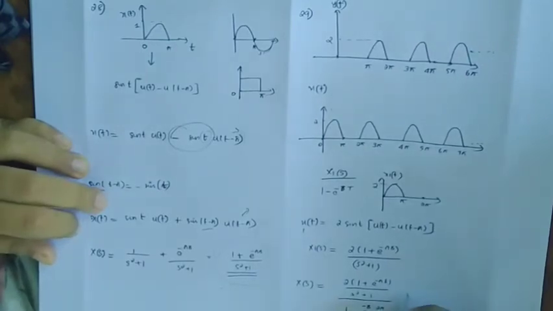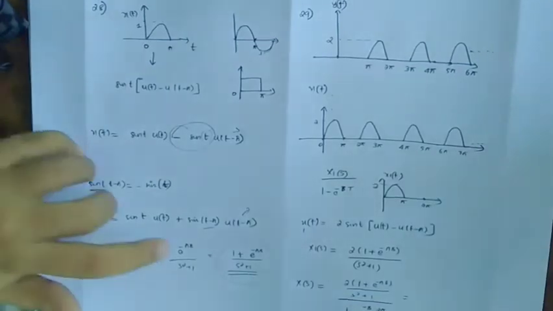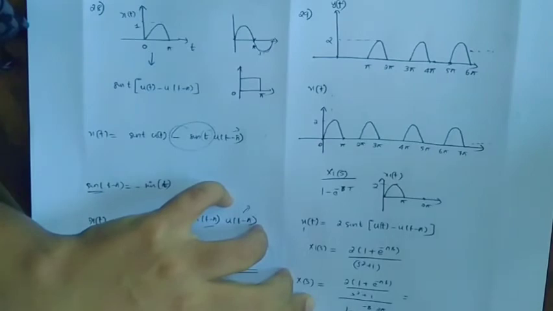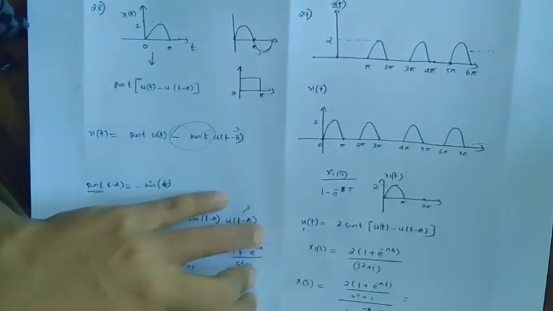So x of s is equal to 1 divided by 1 minus e raised to minus 2 pi s into 2 into 1 plus e raised to minus pi s, whole divided by 1 plus s square. Now, this is for x of t.